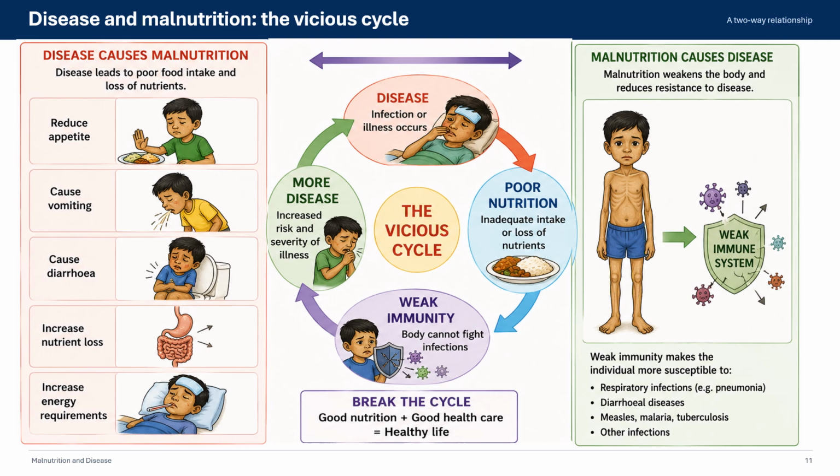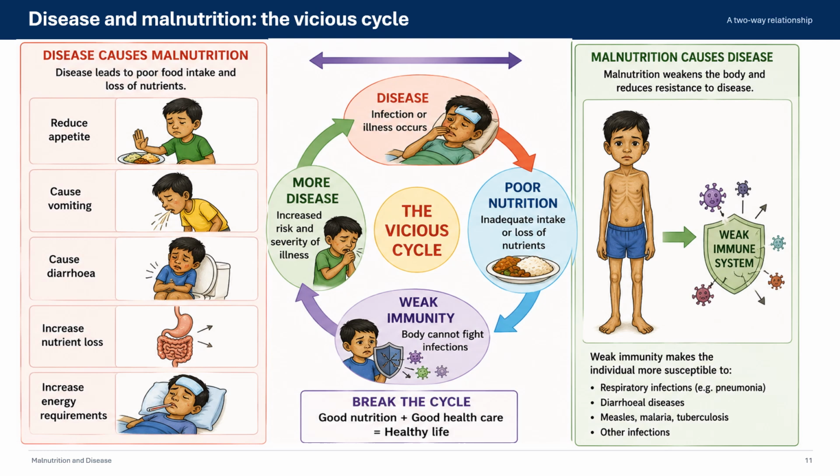So more disease severity, risk of illness, and so on increases. And the cycle keeps on repeating itself as the diseases increase, poor nutrition, malnutrition increases, and more diseases result.